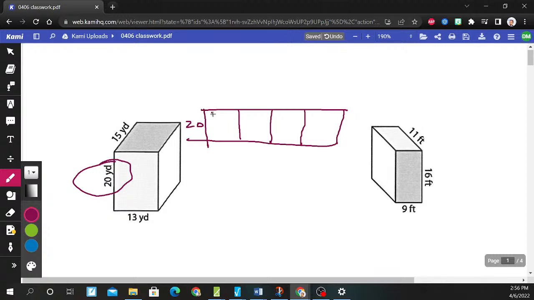So we've got 13, and then 15, and then 13, and then 15, and then the top according to this would be 13 and 15, and then down here would also be 13 and 15.